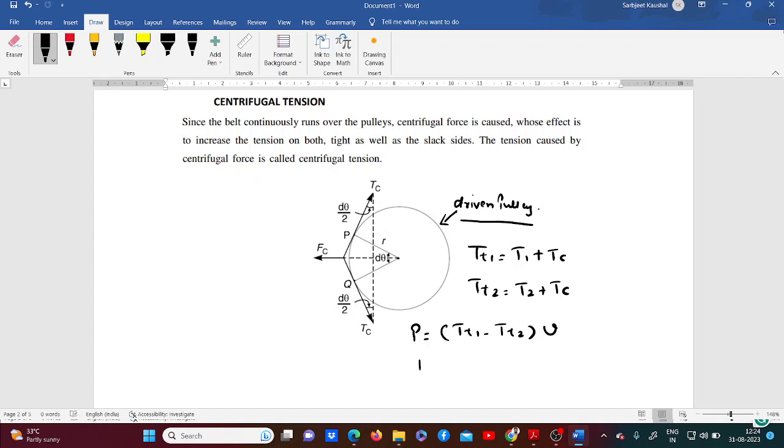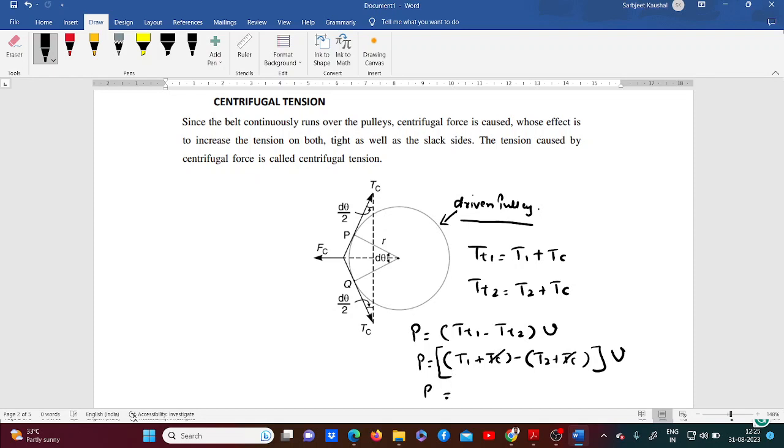So putting these values in this equation, the power transmission will be T1 plus Tc minus T2 plus Tc into V. Now this Tc and Tc get cancelled out.